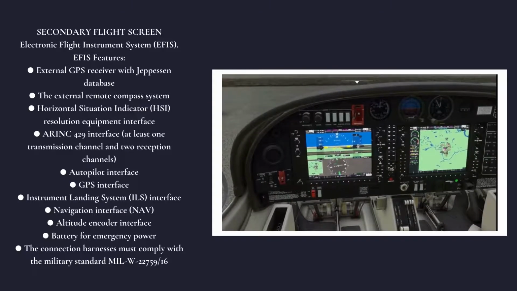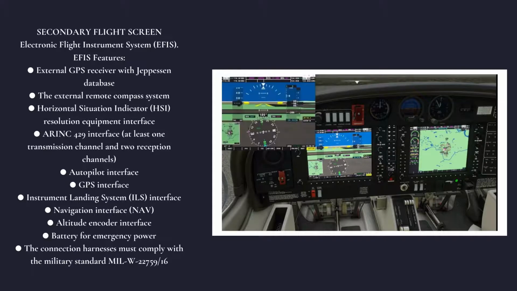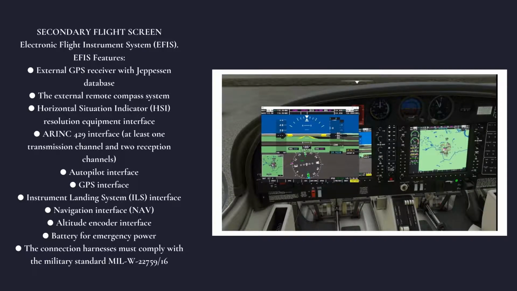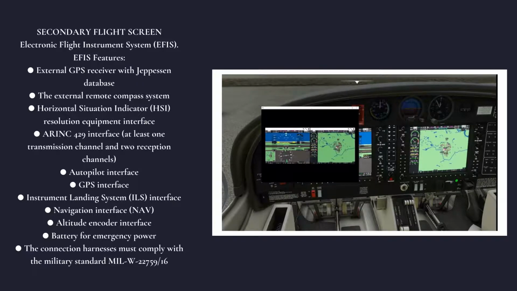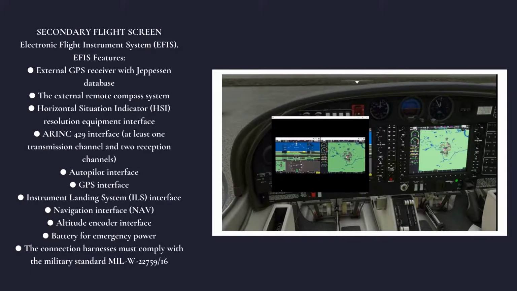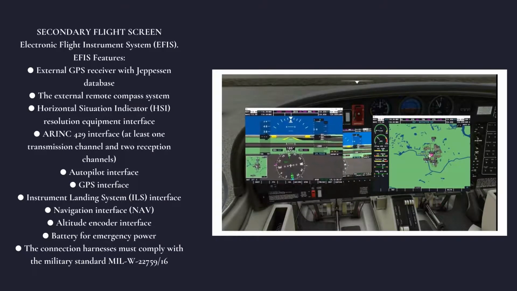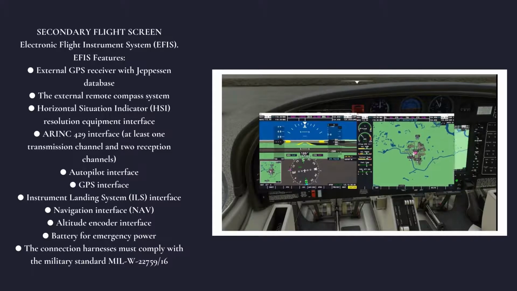EFIS features external GPS receiver with the Jeppesen database, the external remote compass system, horizontal situation indicator, resolver equipment interface, ARINC 429 interface, at least one transmission channel and two reception channels, autopilot interface, GPS interface, instrument landing system interface, navigation interface, altitude encoder interface, battery for the emergency power.